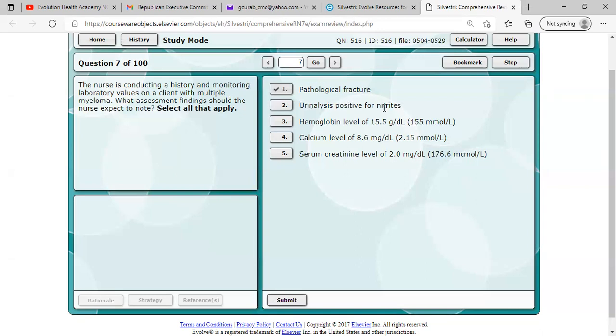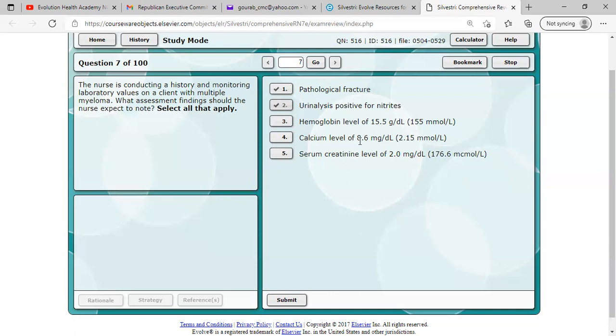Urinalysis positive for nitrate. It is true. If you go for urine microscopic examination, we can find the nitrate is there. Hemoglobin level 15.5. No, the patient has a chance to develop anemia. So hemoglobin may be down. So 3 is not an answer.